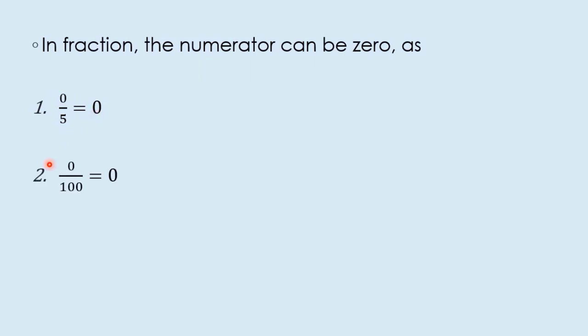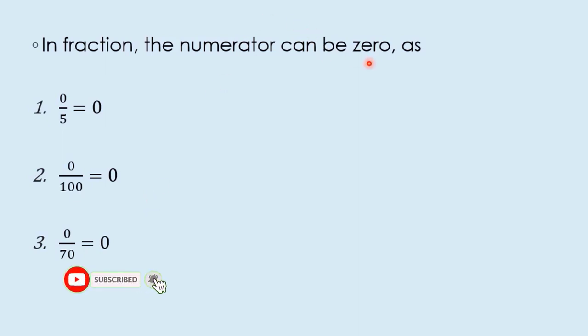In the same example, numerator 0, denominator 70, but the answer is 0. Why? Because the numerator has 0.